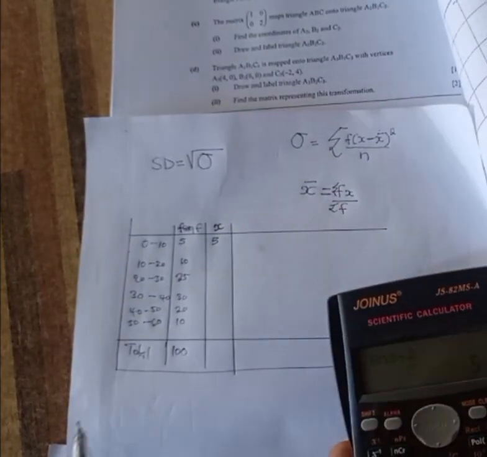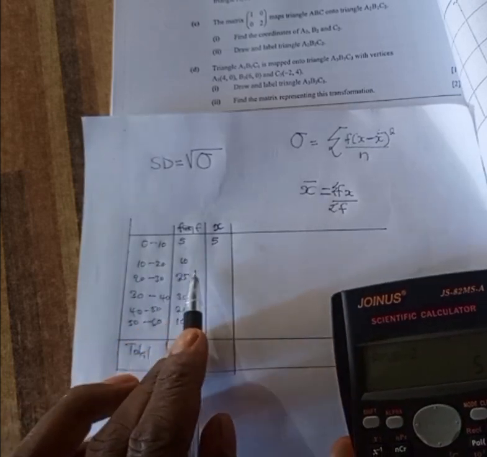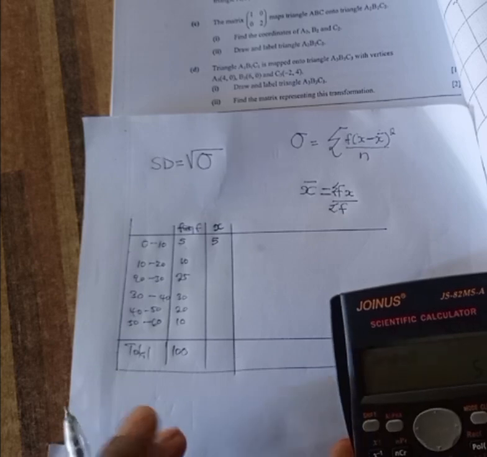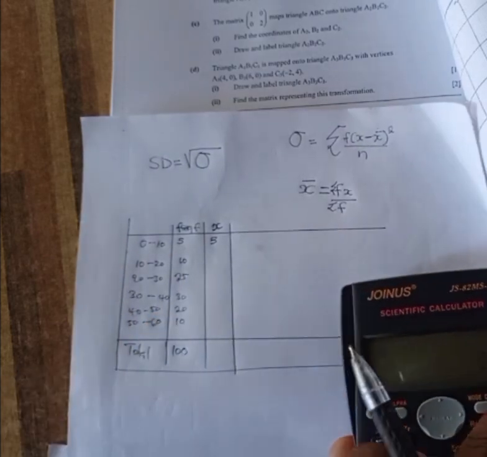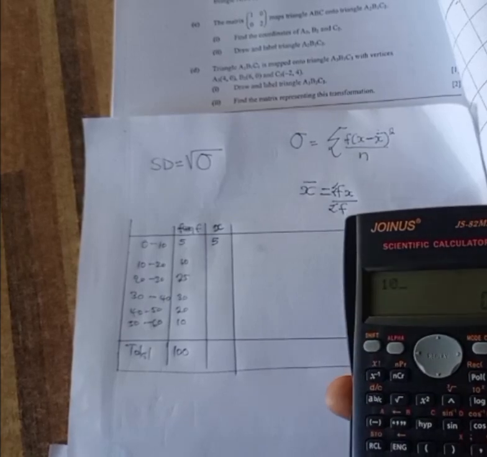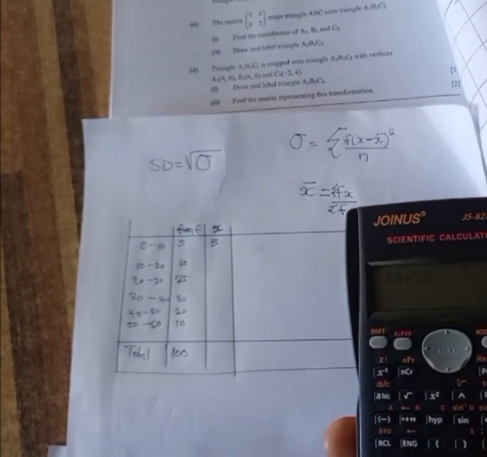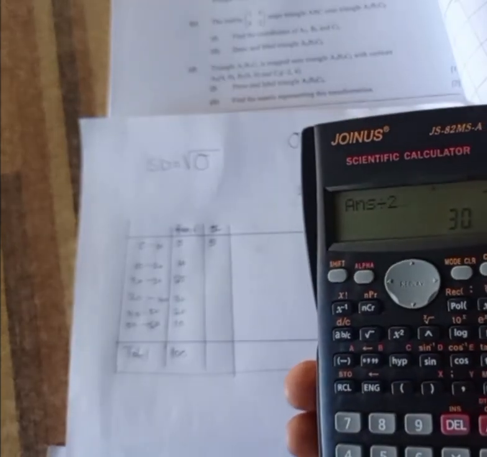Then what else? From there, we are going to say 10 plus 20. Whatever answer we get, we say divided by 2.